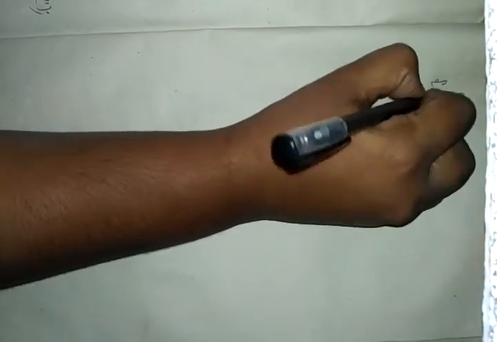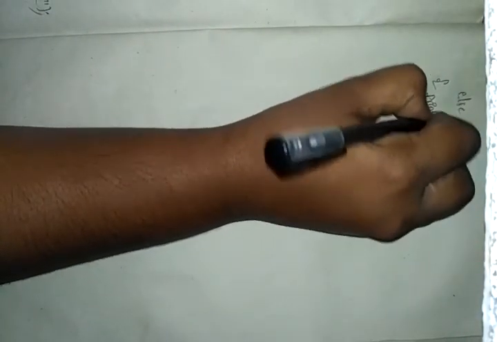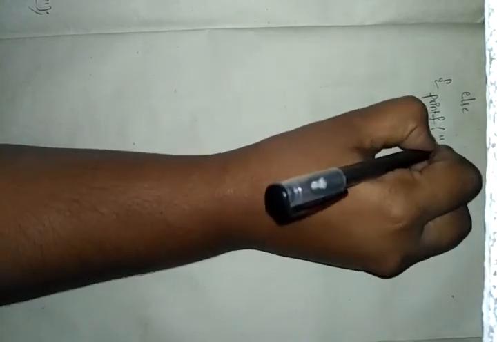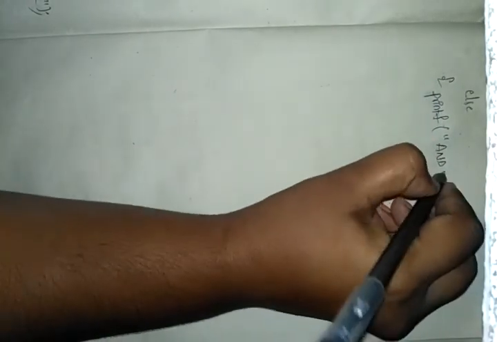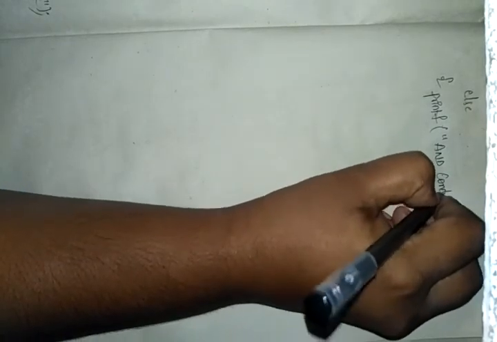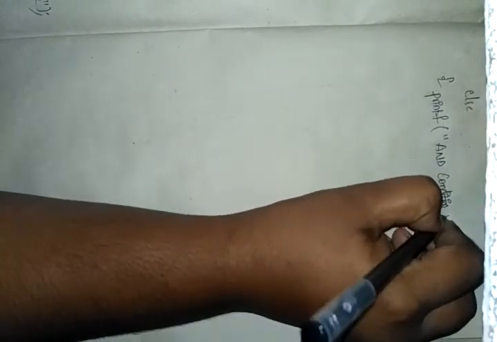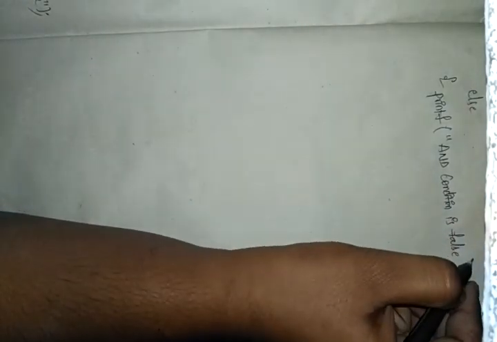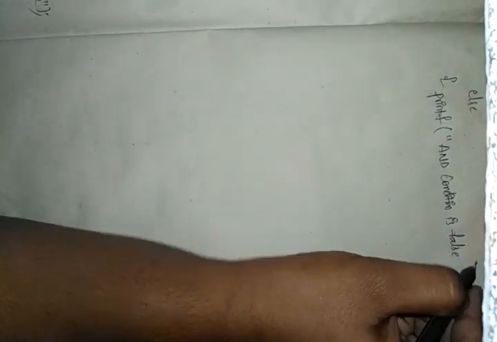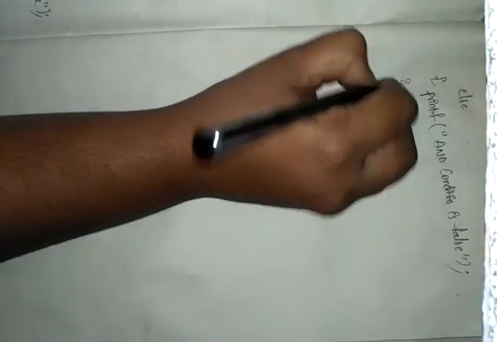If that one is not true, you can place else. Write your printf again, printf and condition is false. Okay, you can display the condition. If that condition is true, you can display true, or else if it is false, you can display the false statement. Close.